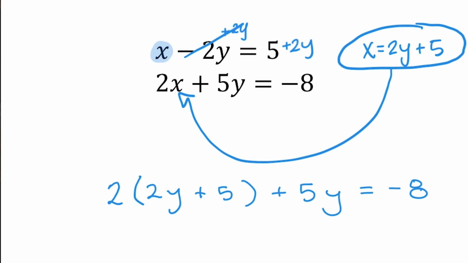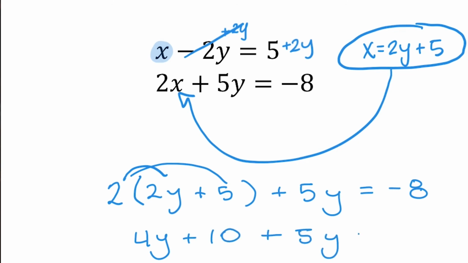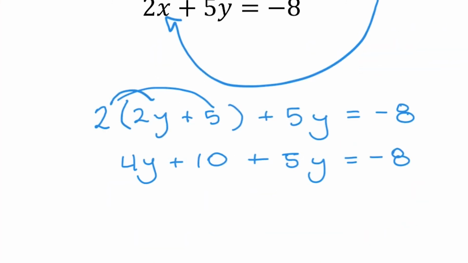Getting rid of my parentheses, I'll distribute in 2 to get 4y plus 10 plus 5y equals negative 8. On the left-hand side, we can add like terms. We can combine the y terms. That's 9y plus 10 equals negative 8.